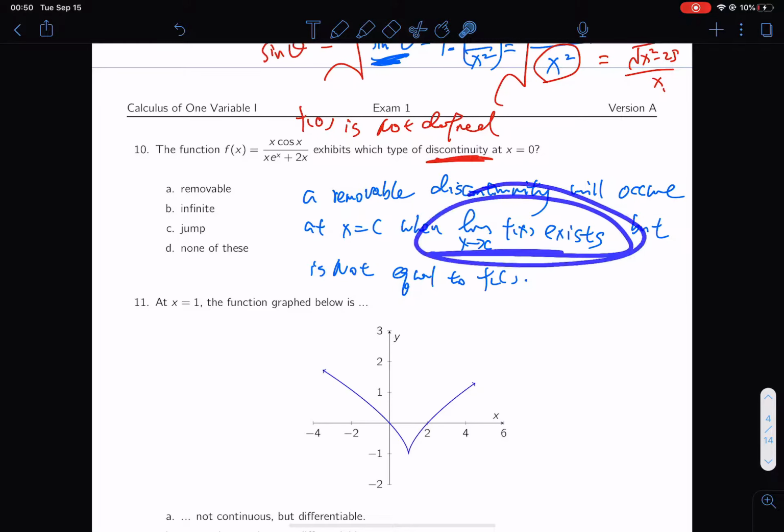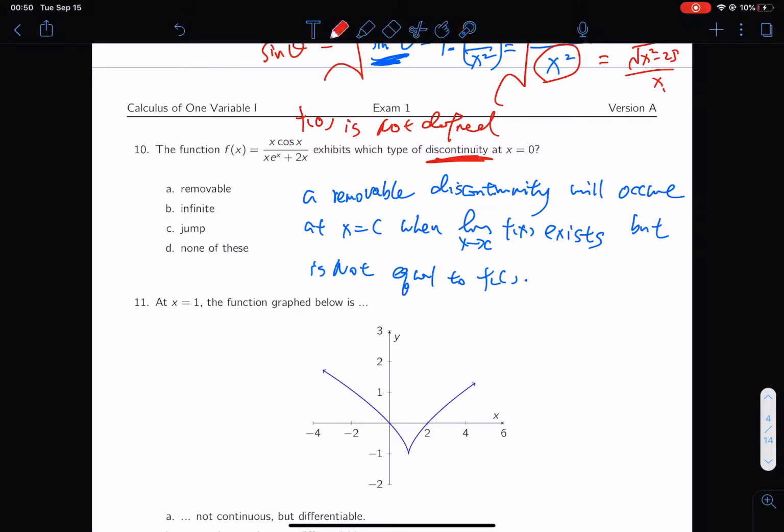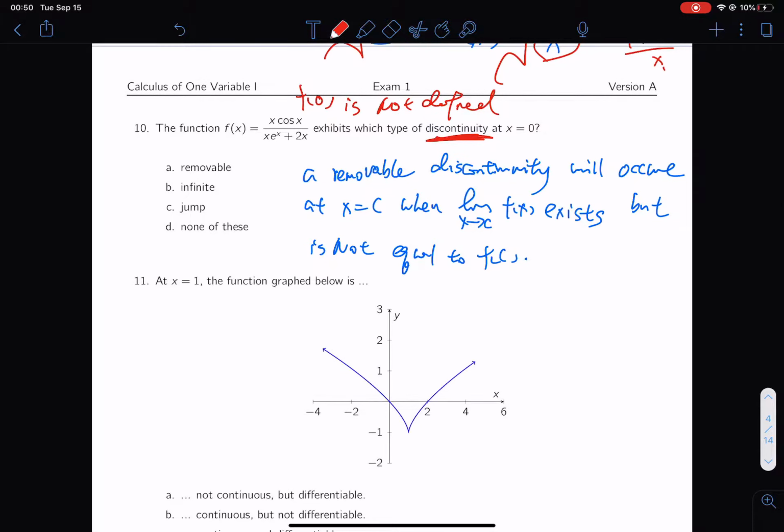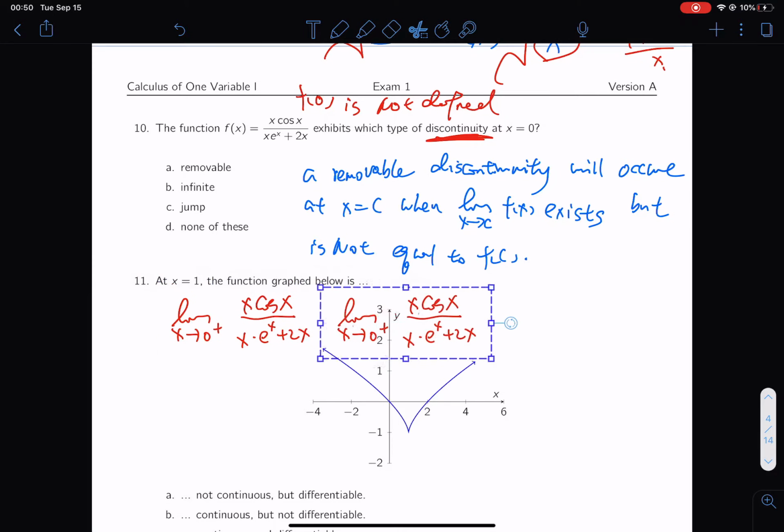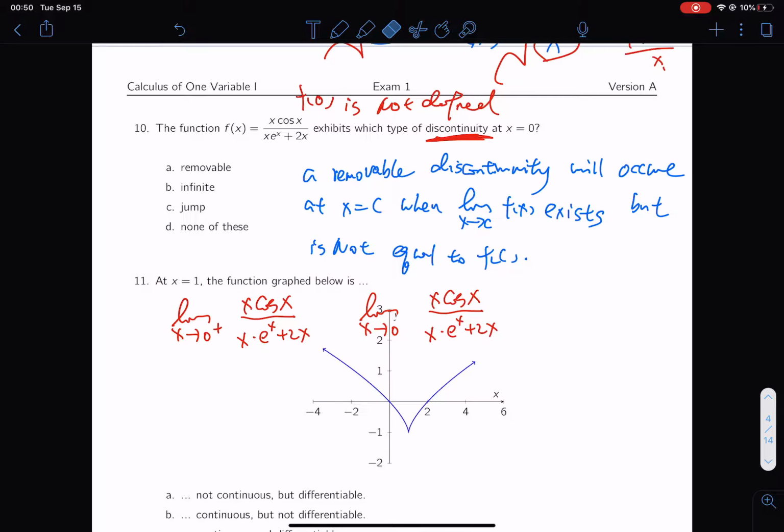Let's check if it exists. The limit as x approaches 0 plus of x cosine x divided by x e to the x plus 2x. And we check if they are equal to the minus case.